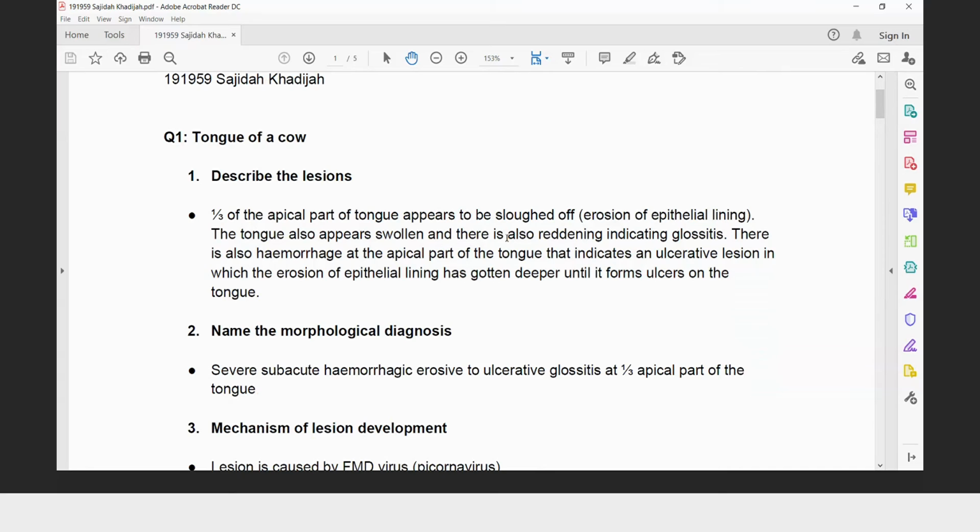The erosion of the epithelial lining gets deeper until it forms an ulcer on the tongue. I think she got everything there. I think she captured whatever we discussed during the class the other day, because to me this is a model for morphological diagnosis, easy to understand. If I were doing about the same thing, you have a right answer, 100% correct.